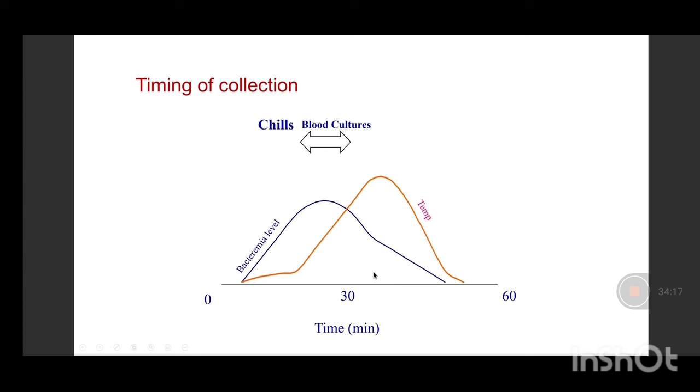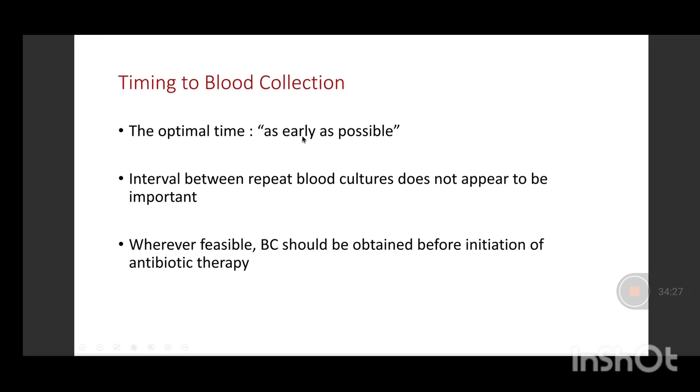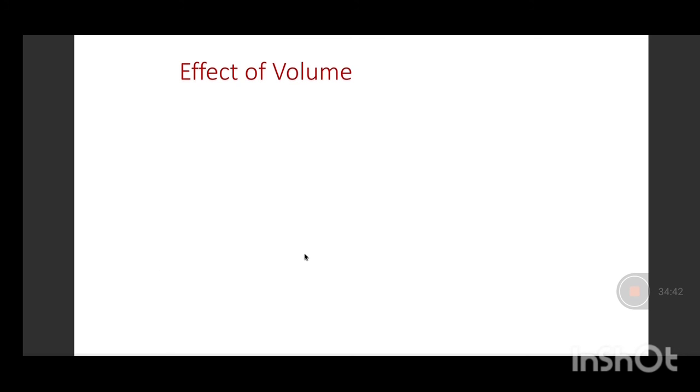So if you have a particular pattern of fever, just before the next peak is due to come, that is the time when you can collect the blood culture. So timing, as early as possible before antibiotic; interval between repeat blood cultures does not appear to be important here, but wherever feasible, blood culture should be obtained before antibiotic.